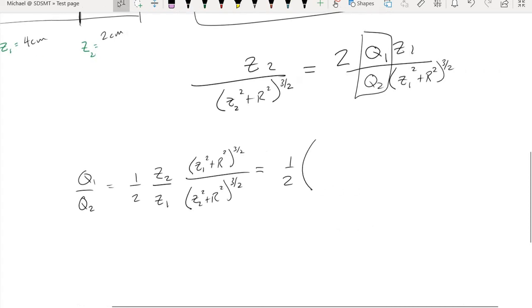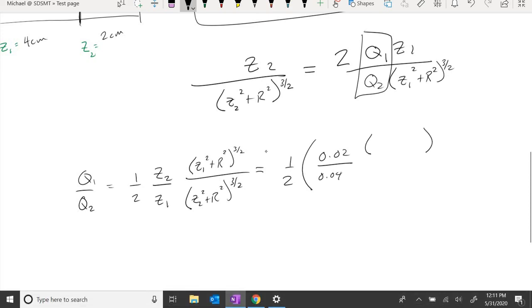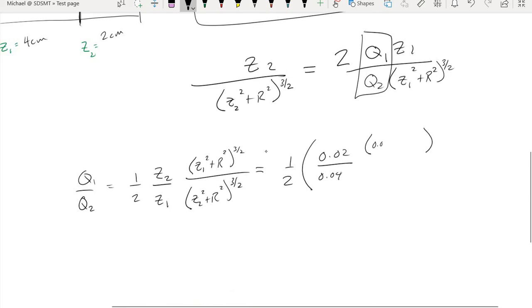We have Z2 in the numerator, which is 2 centimeters, 0.02, over Z1, 4 centimeters, 0.04, times 0.04 squared plus 0.05 squared to the 3/2 over 0.02 squared plus 0.05 squared to the 3/2.